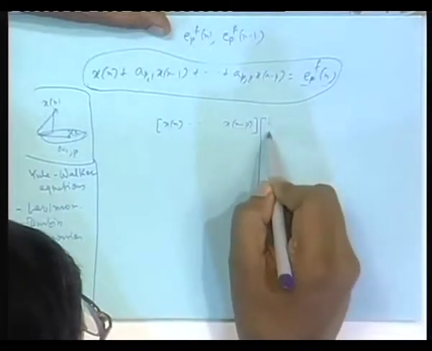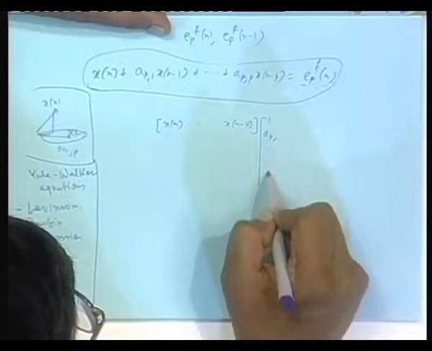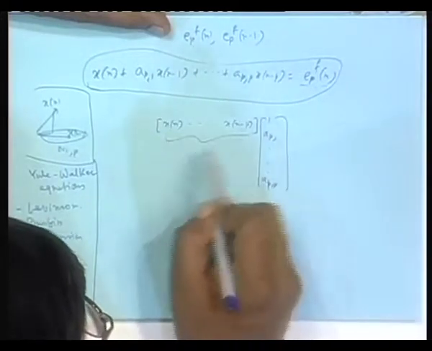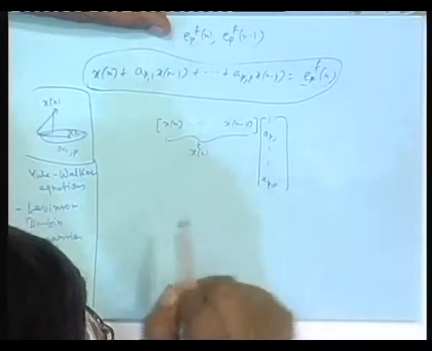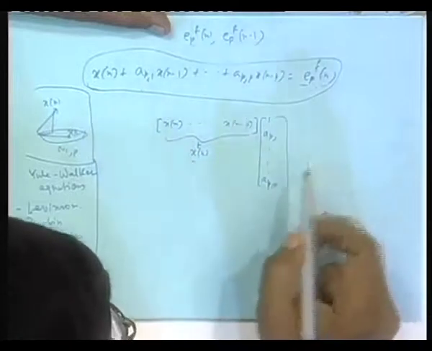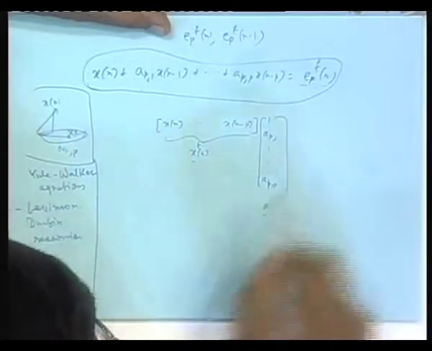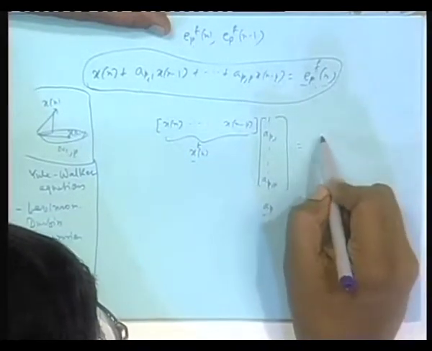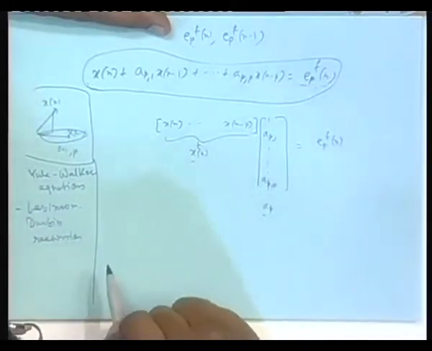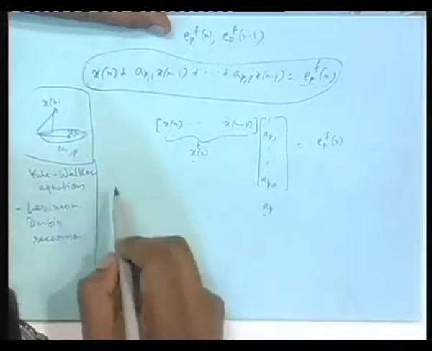I am doing this way because I want to save time. This vector I will call Xn transpose, and this I will call the Ap vector. This is equal to EPFN, right?